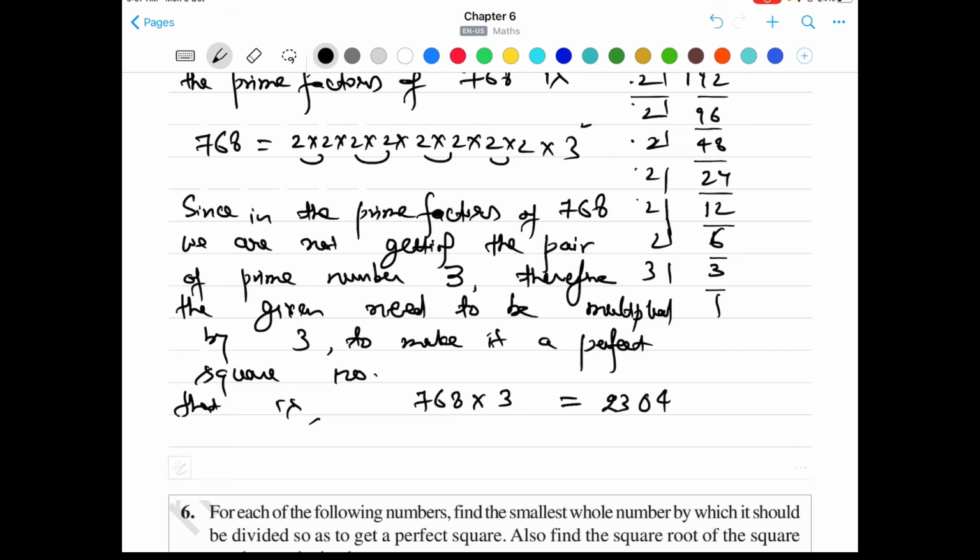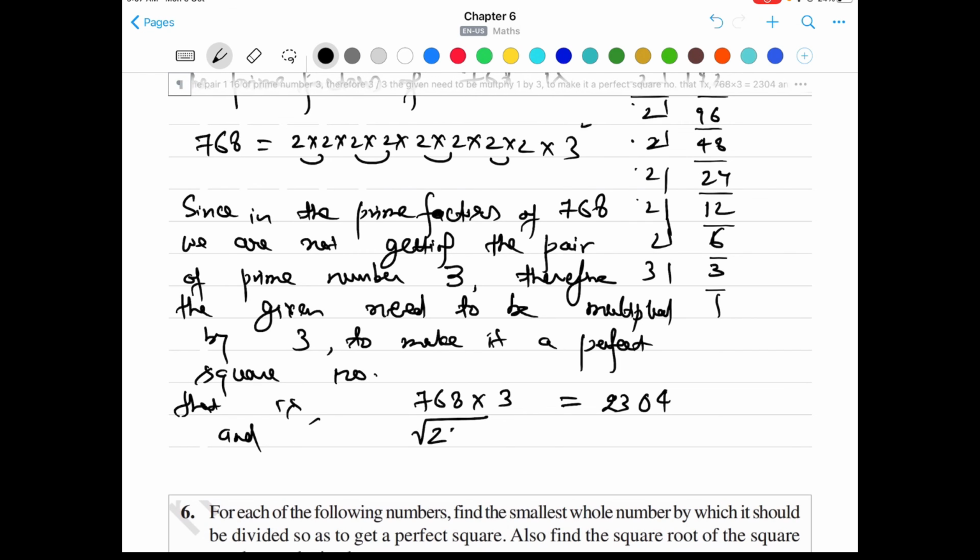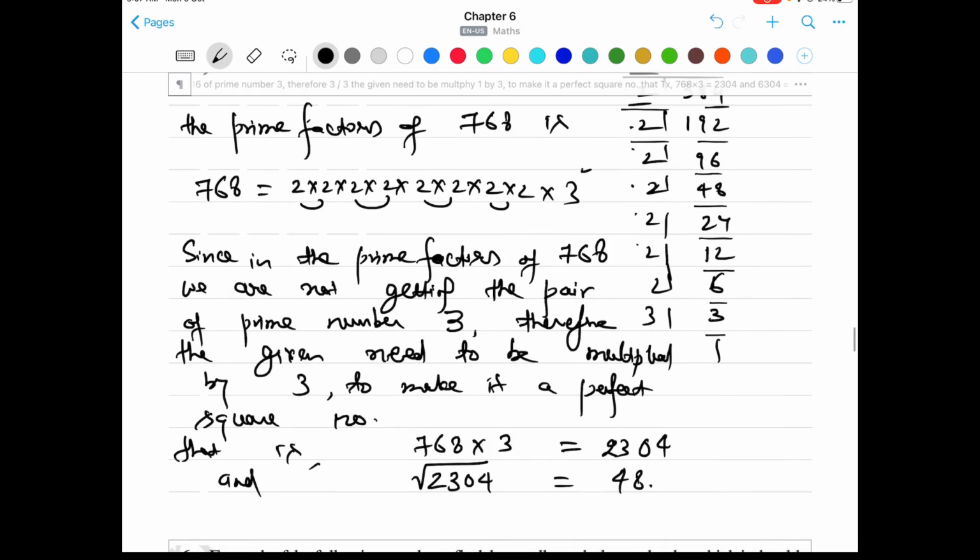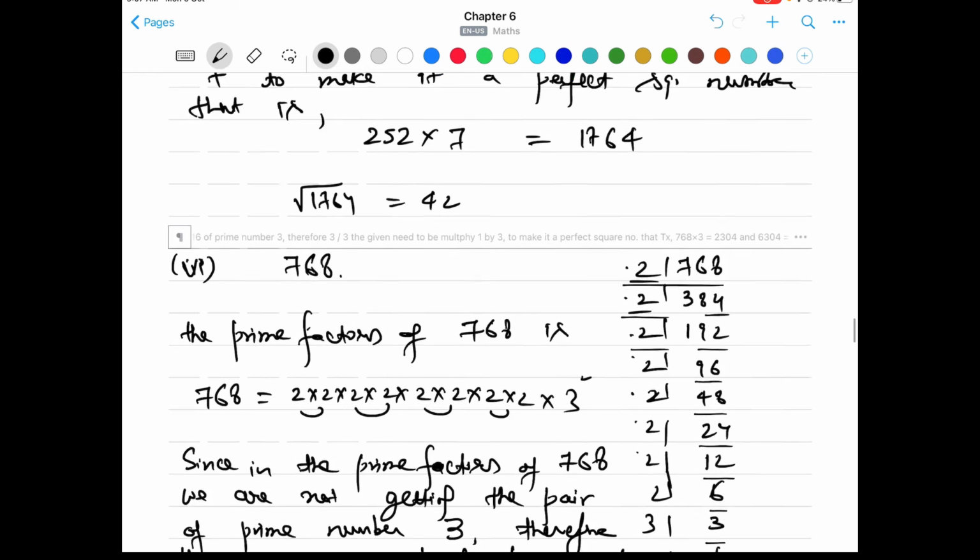Okay, and the square root of this number will be 2 into 2, 4 into 2 is 8, into 2 is 16, into 3 will be 48. So the square root of this number will be 48.